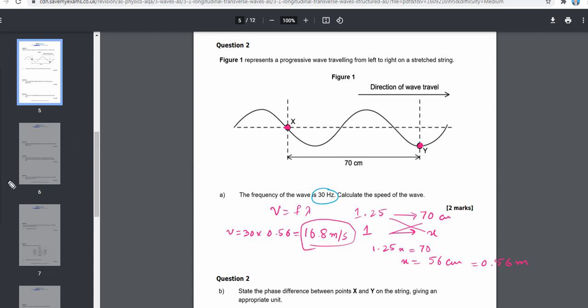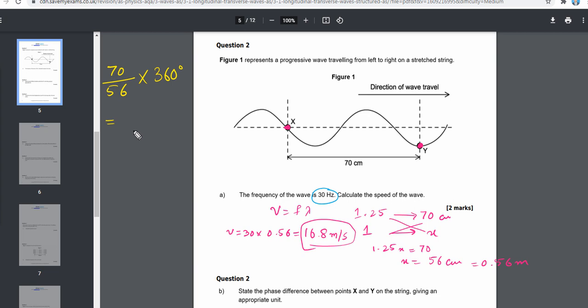The length between these 2 points is 70, so I'll do 70 divided by the wavelength, which for one wave is 56 centimeters, and multiply by 360 degrees.